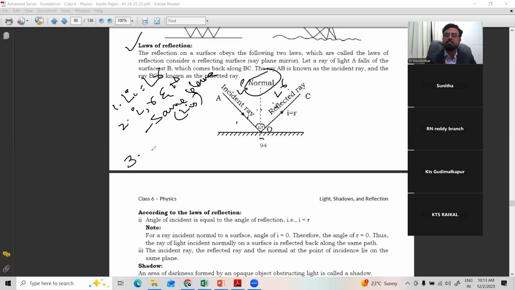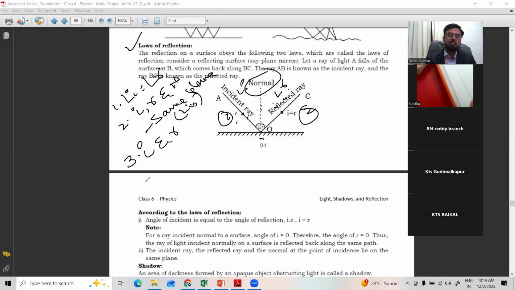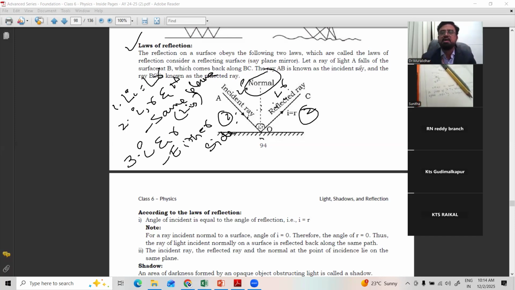The third law says that the incident ray and reflected ray are always on either side of the normal. Either side means the normal always comes in the middle. On one side you can find the incident ray, on the other side the reflected ray.